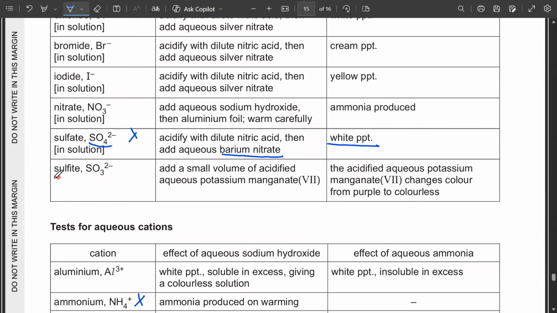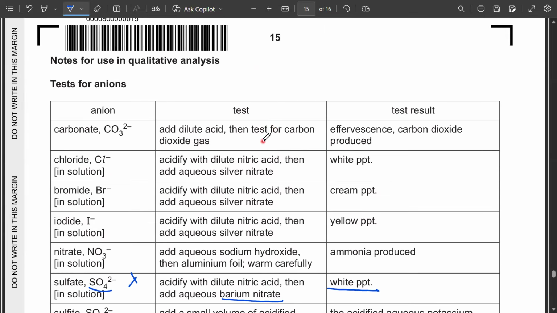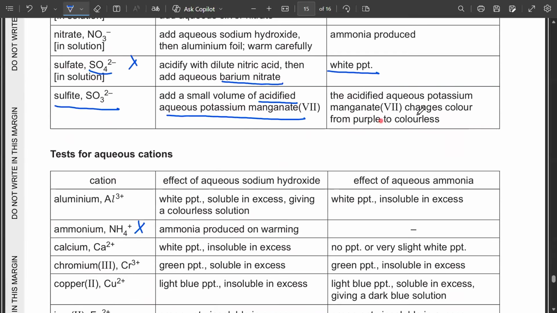If you look at sulfite, there is this mention of the acidified potassium manganate. So it's not the sulfate, it's basically the sulfite which is giving the test with the aqueous potassium manganate, along with the result of the color changing from purple to colorless.